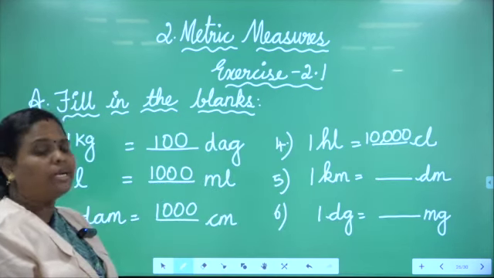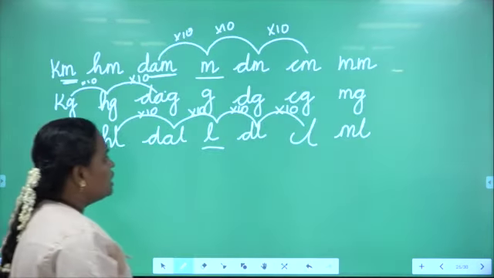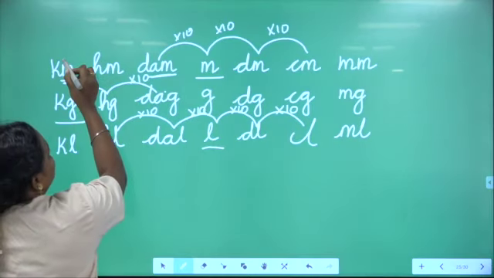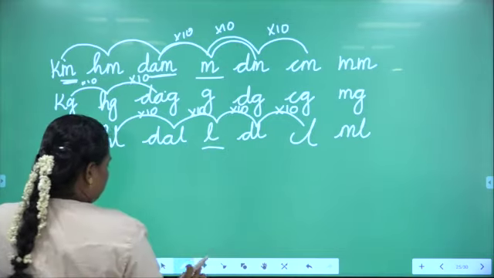Next one, 1 kilometer equal to how many decimeter? So kilometer into decimeter. 1, 2, 3, 4.